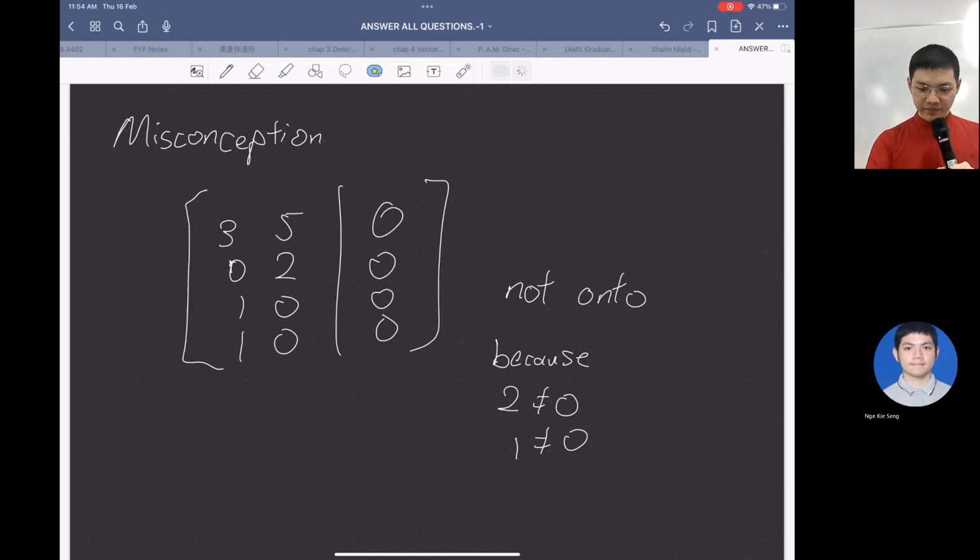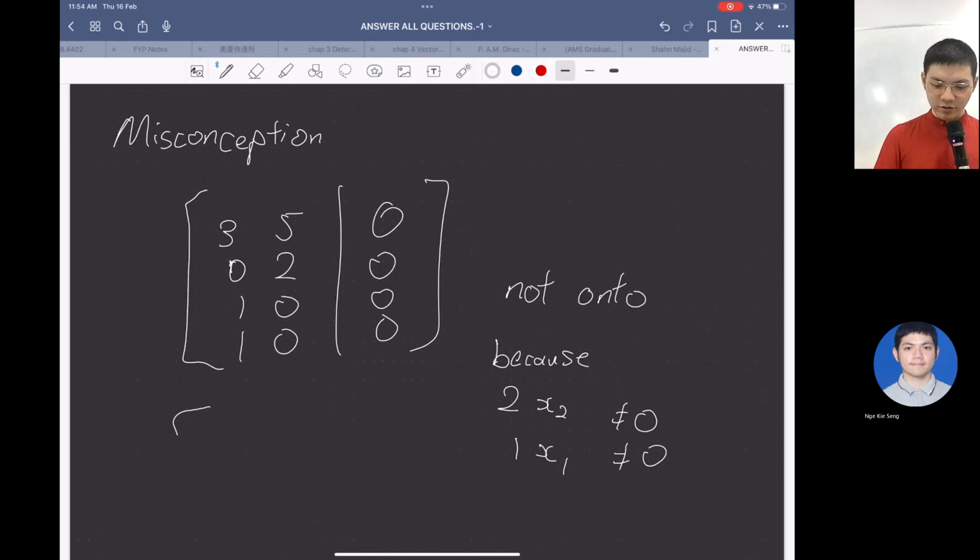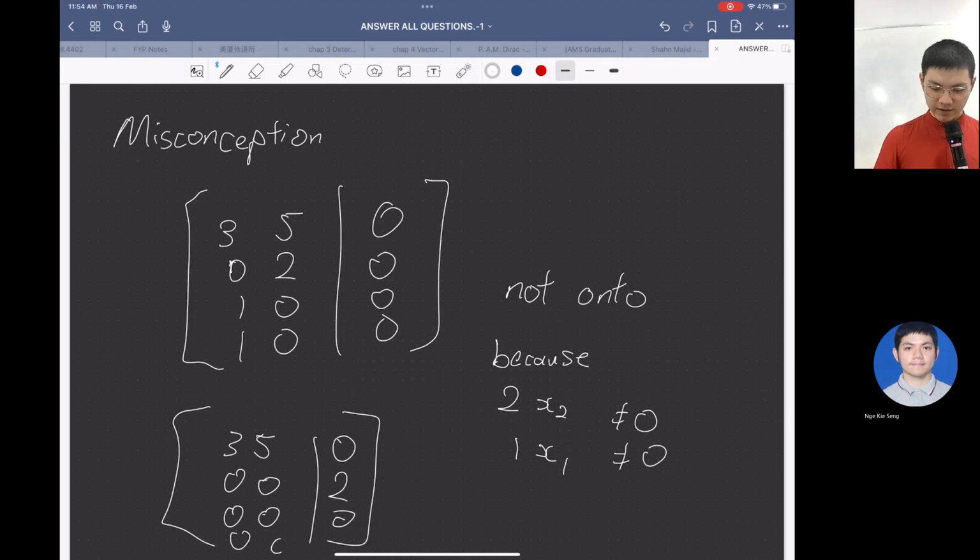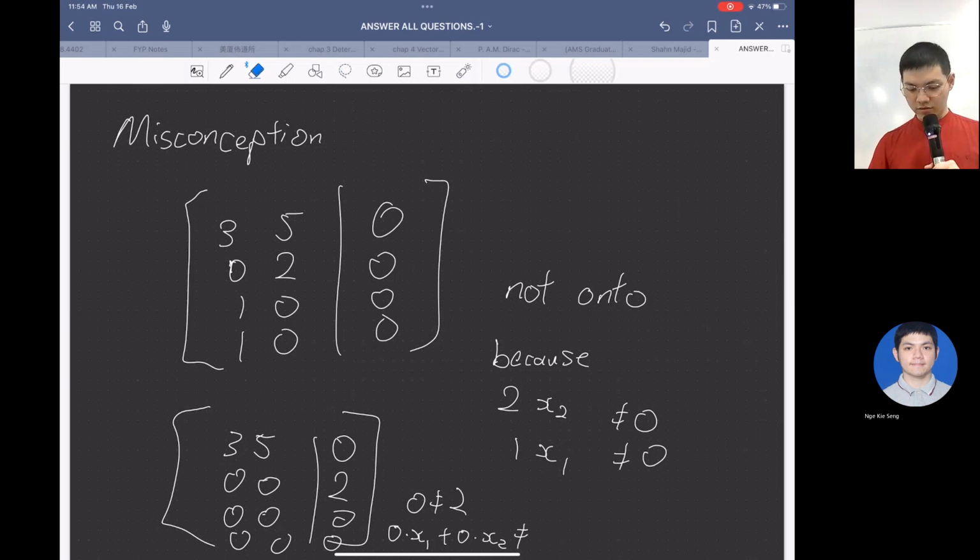This is actually 2x2 is not equal to 0 and 1x1 is not equal to 0. This is different to what we usually say, something like 0 not equal to 2. What we really mean is 0 times x1 plus 0 times x2 is not equal to 2. So be careful when you determine this inconsistent system. So this part is wrong.